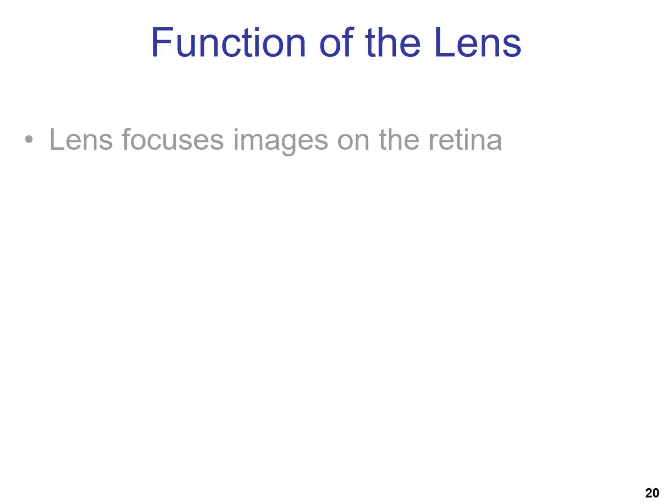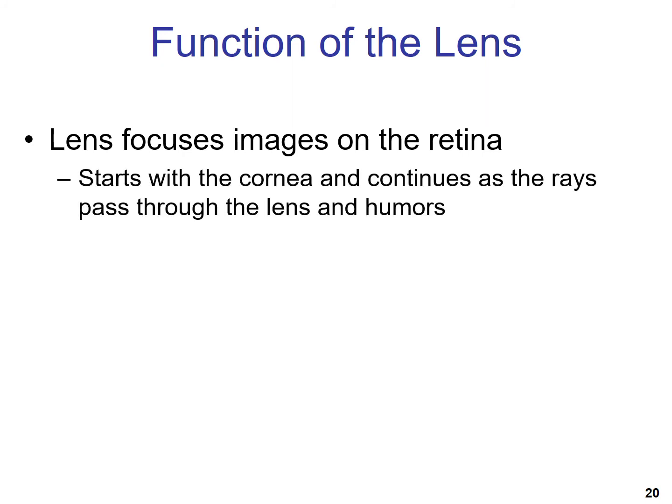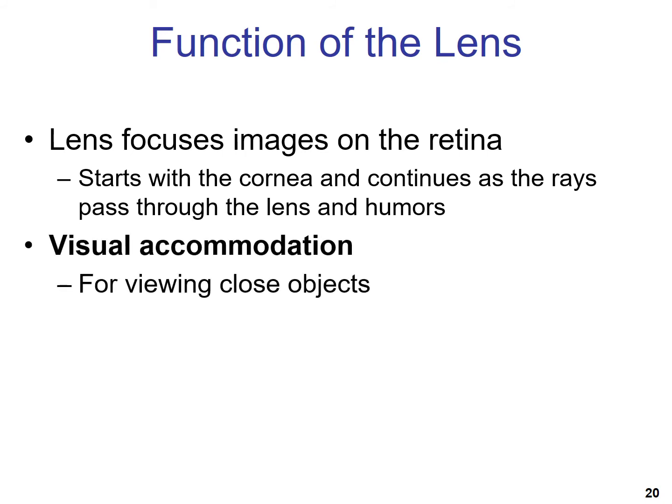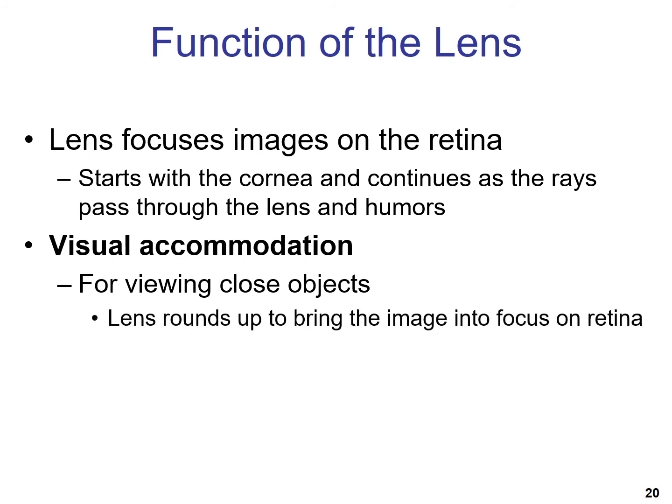The lens is actually responsible for focusing images on the retina. Light comes through the cornea initially and continues as light rays pass through the lens and through both the aqueous and the vitreous humors. And so you've got something called visual accommodation, and this is basically for viewing close objects.